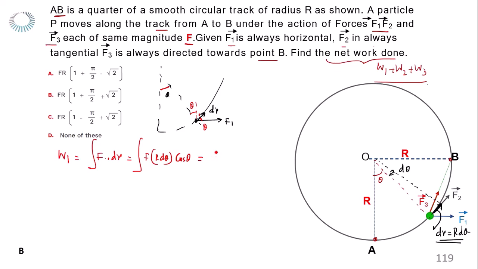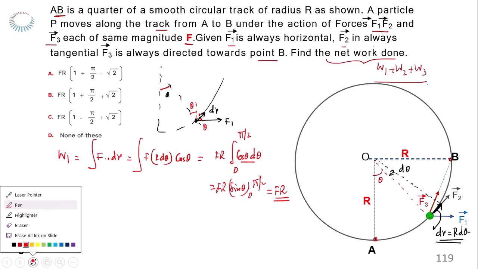F r is constant, integration of cos theta d theta. Now what is theta? Initially theta is 0 degrees. Once the particle reaches point B, theta becomes 90 degrees, so pi by 2. Integration of cos theta is sin theta, so it becomes F r sin theta, with limits from 0 to pi by 2. Sin pi by 2 is 1, sin 0 is 0, so it is F r. The first work done is F r.